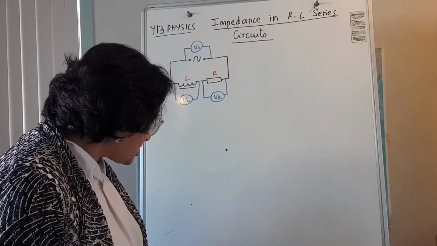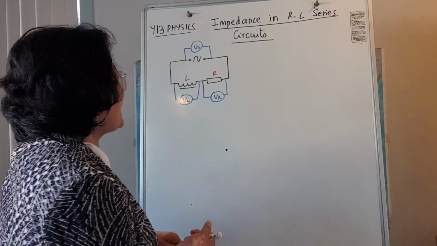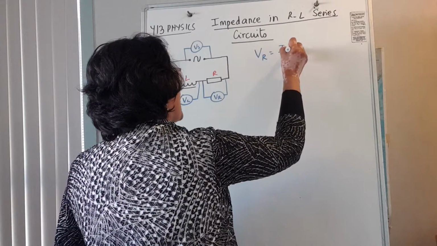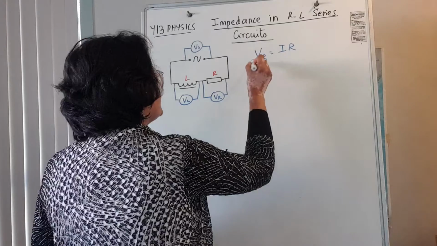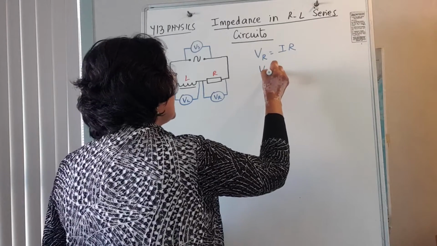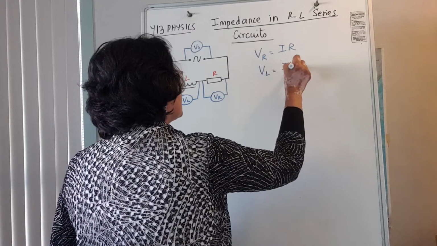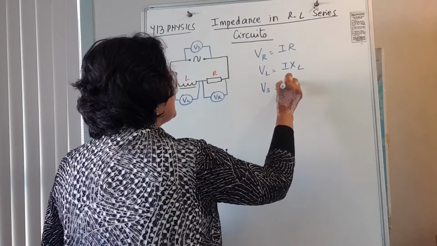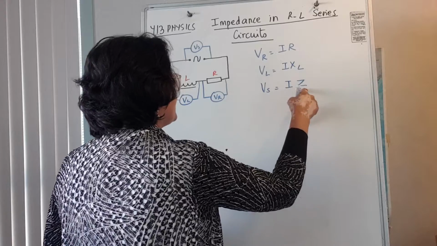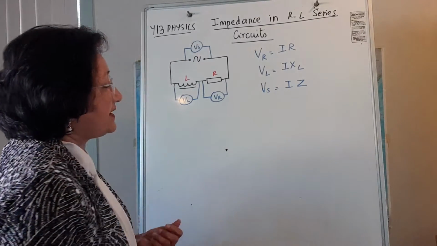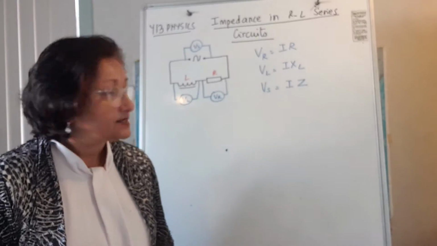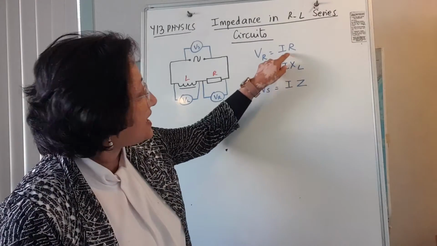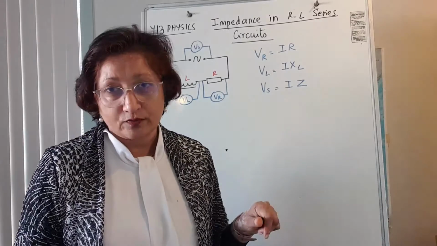The voltage across the resistor at any point in time is given by Ohm's law, VR equals IR, and the voltage across the inductor is given by IXL, where I is the circuit current. The voltage across the supply is given by IZ, where Z is the total current limiting effect, and that's called impedance. Now, Z, XL, and R, the impedance, reactance, and resistance, are all measured in ohms.